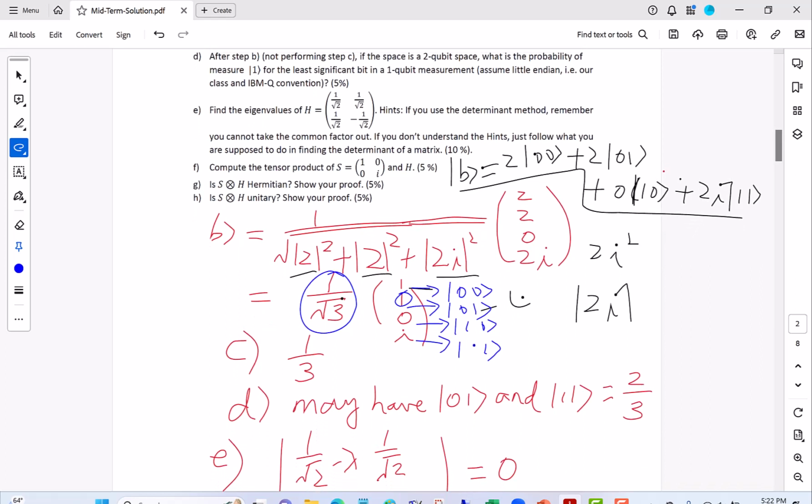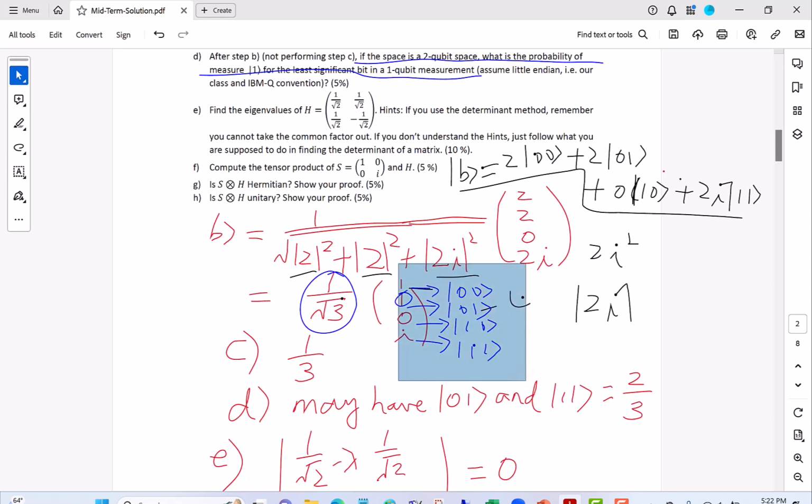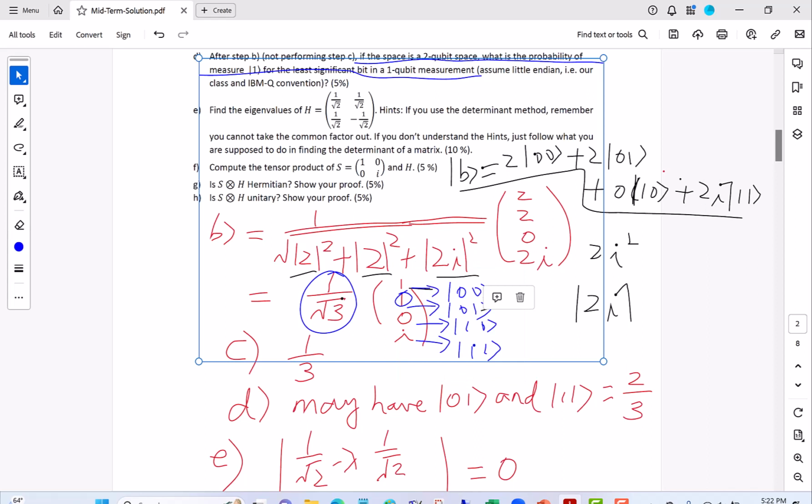Now, what if, instead of doing this measurement, not performing step C, the space is 2 qubit and now we only do one single qubit measurement for the least significant bit, right? It's little endian, using little endian. Again, here I show you 00, 01, 10, 11. So what we are measuring is the second one, which is 01, and then the fourth one, 11, right?